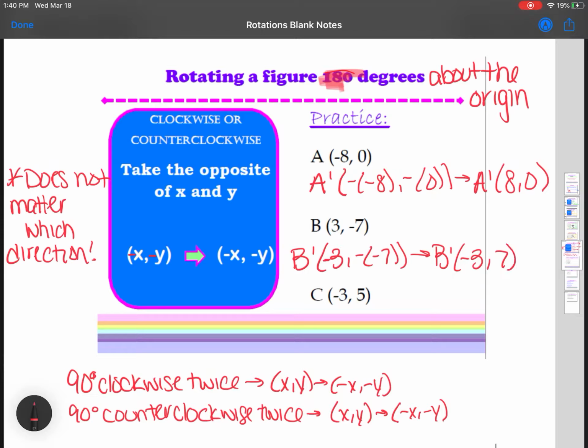So B prime is negative 3, positive 7. And lastly, C prime, negative of negative 3, negative 5 becomes C prime 3, negative 5. Okay? And now we're going to do an example on the graph.